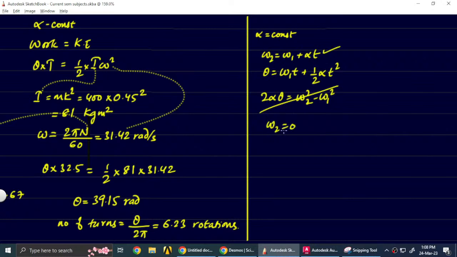So omega 2 we know is 0 because it is coming to rest finally. Omega 1 is the value that we just calculated over here, that is 31.42. And the alpha value, even though it is constant, we still don't know. But we have found the value of theta.